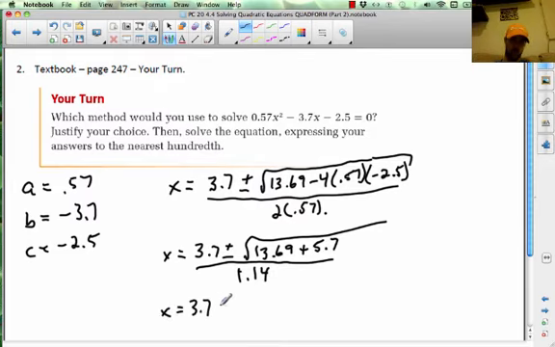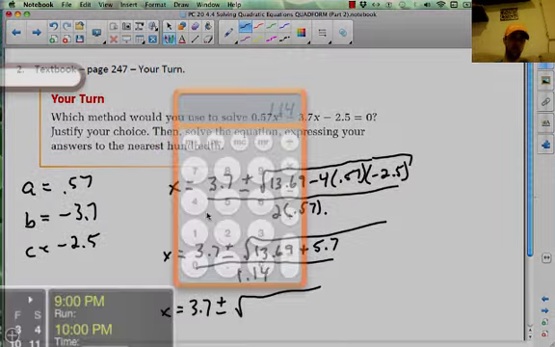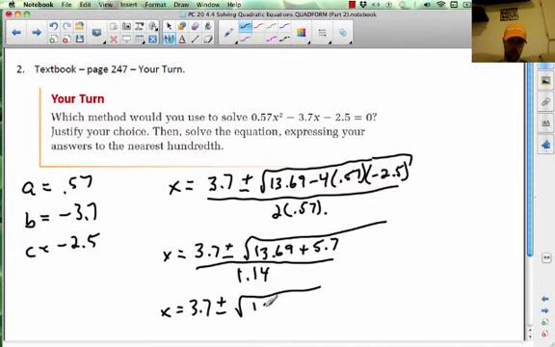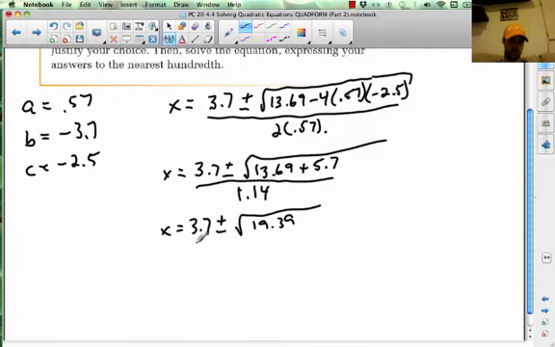Alright, keep going, 3.7 plus or minus 13.69 plus 5.7 equals 19.39. This is what we're going to be taking the square root of, all over 1.14.